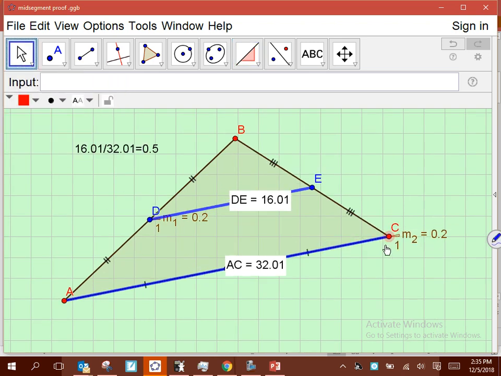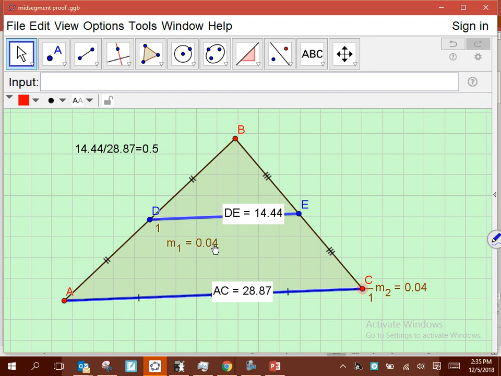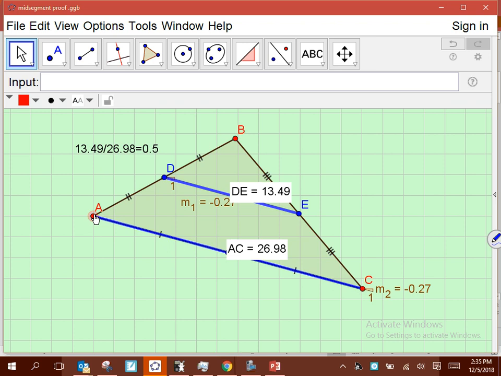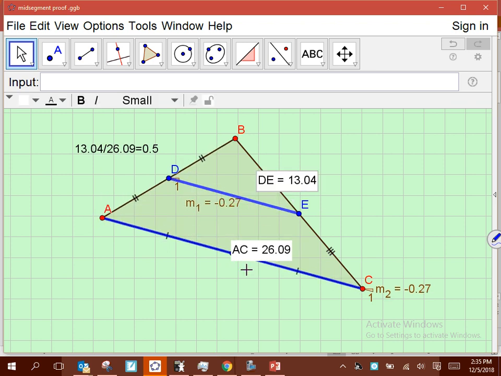No matter where I move them, now the slopes change, but in comparison to one another, are they still the same? Okay, so those two lines are parallel. Those two lines are parallel. Okay, so those are the two features that we need to know for a mid-segment.